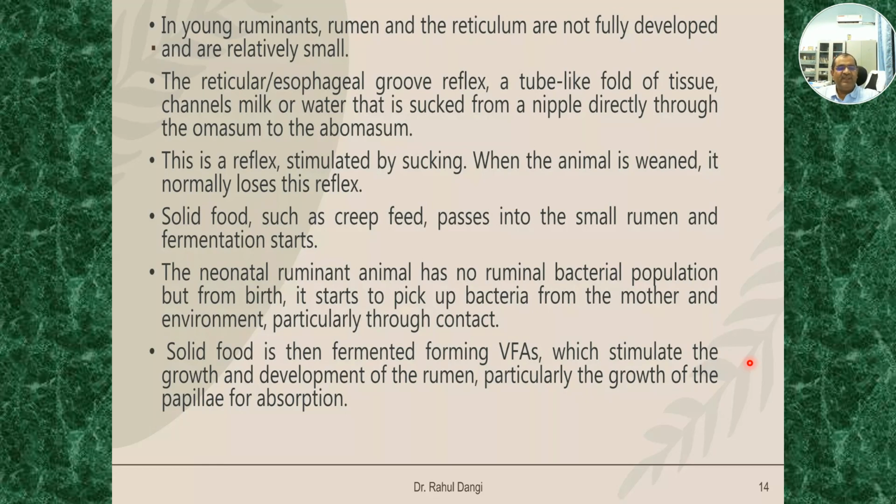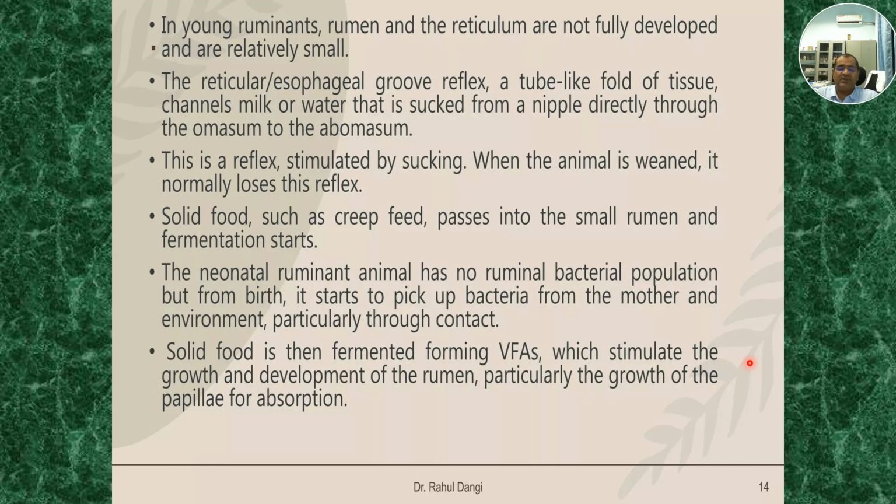The neonatal ruminant animal has no ruminal bacteria population. A newly born calf has no developed rumen, but later it starts developing, and bacterial cultures are also acquired from the mother and environment, particularly through contact with saliva and dung.